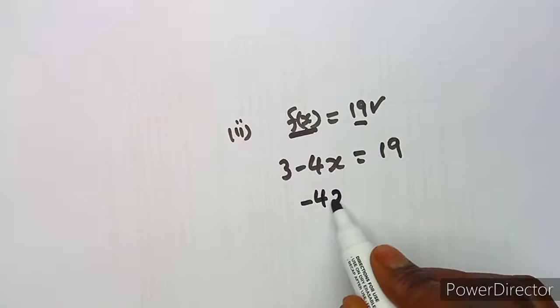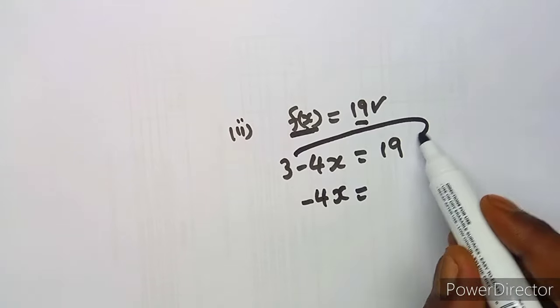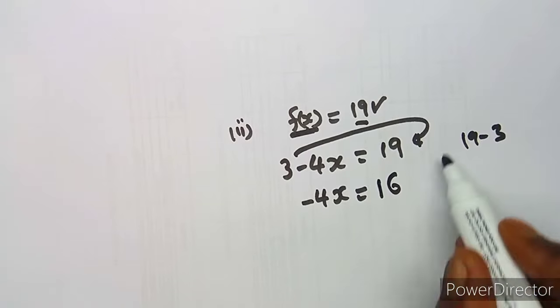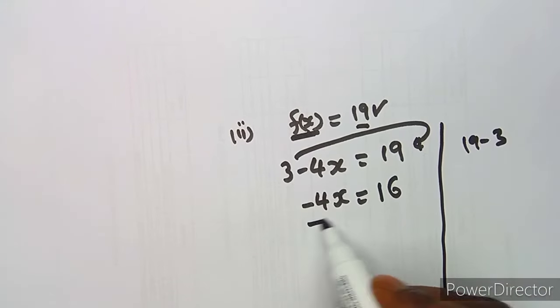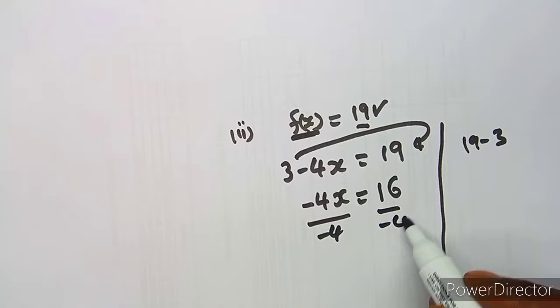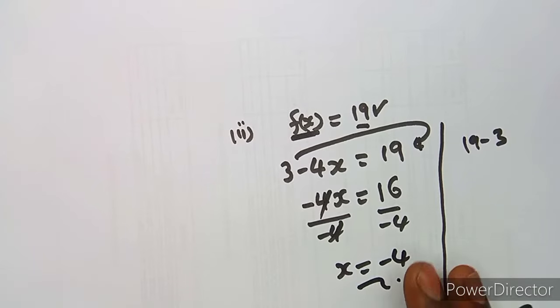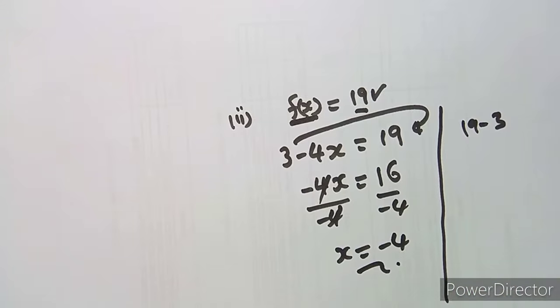So I transpose 3 to this side, it is going to be 19 minus 3, and this gives us 16. Then I can divide by -4 both sides, so this gives me x. 16 divided by 4 is 4, but this time there is a negative, so my answer is going to be -4.